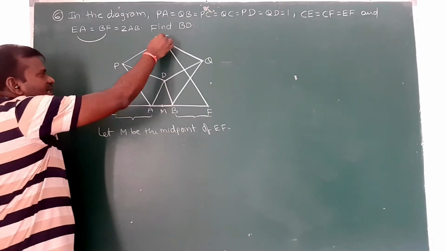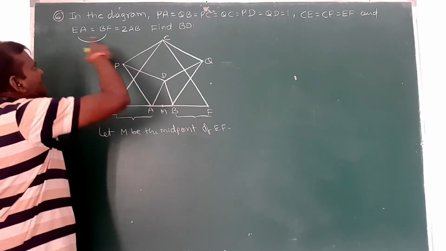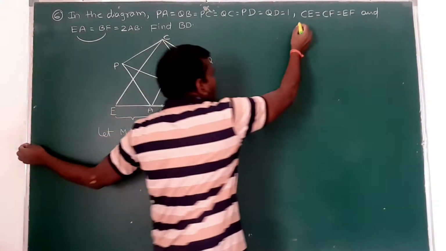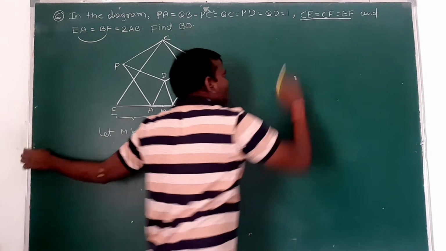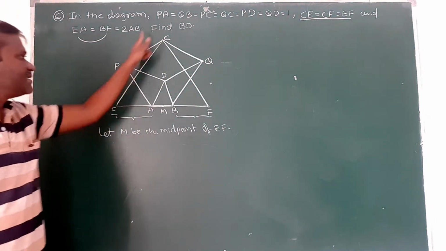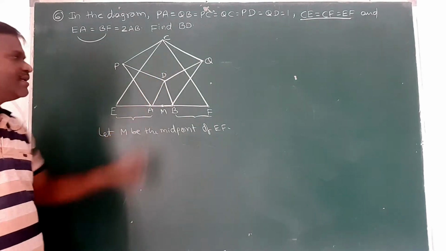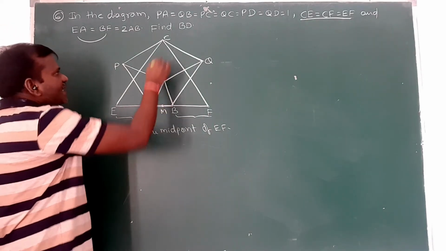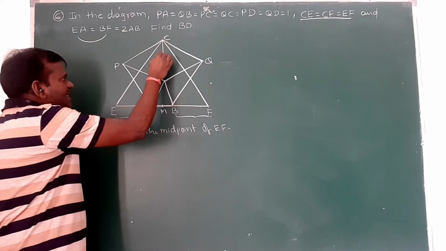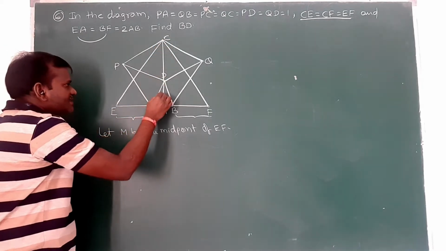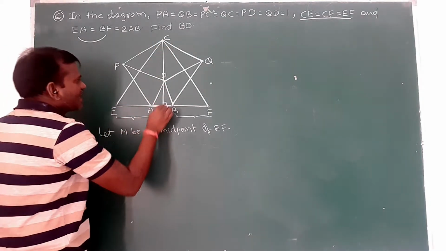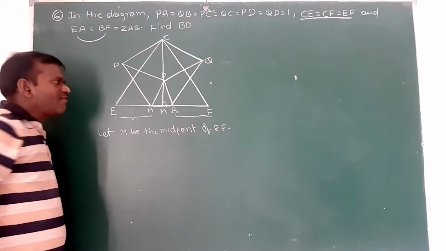So triangle CEF is an equilateral triangle because CE, CF and EF are equal. That means CEF is an equilateral triangle. Since M is the midpoint, if I draw the line C to M, this is perpendicular and also passes through D. Why?